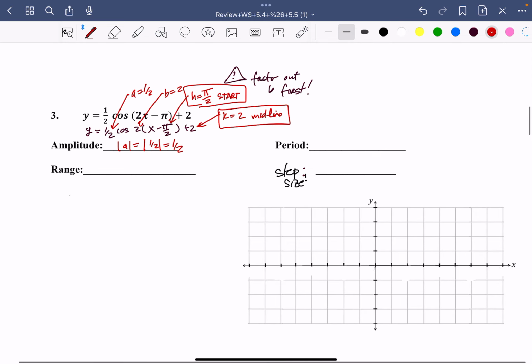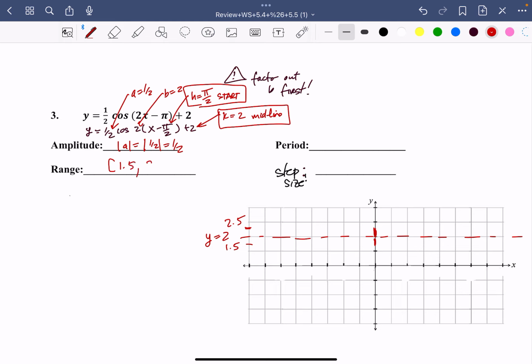So let's think, if our midline is up here at y equals 2, and my amplitude is a half, then I'm only going to go up a half to 2.5. I'm going to go down a half to 1.5. So that's going to be our range, from 1.5 to 2.5.